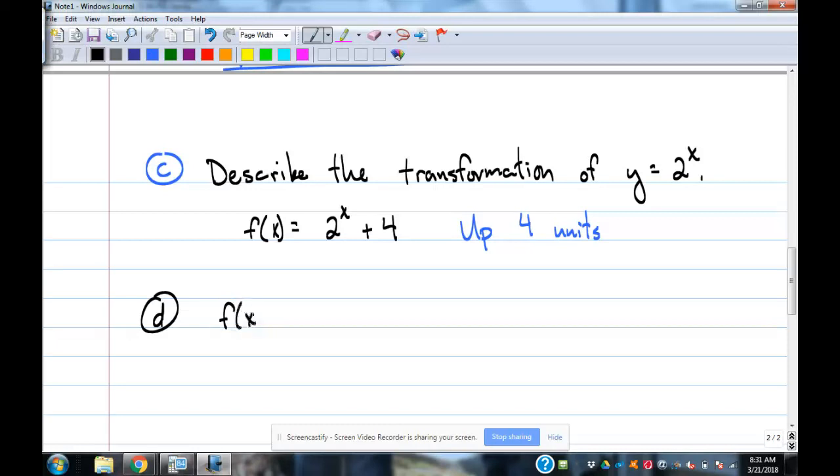Let's do this. F of x, still on the 2 to the x. It doesn't matter what the base is here. If you did a 4 to the x or anything, the shift is all the same. We're just using 2 to the x as an example. 2 to the x minus 3.